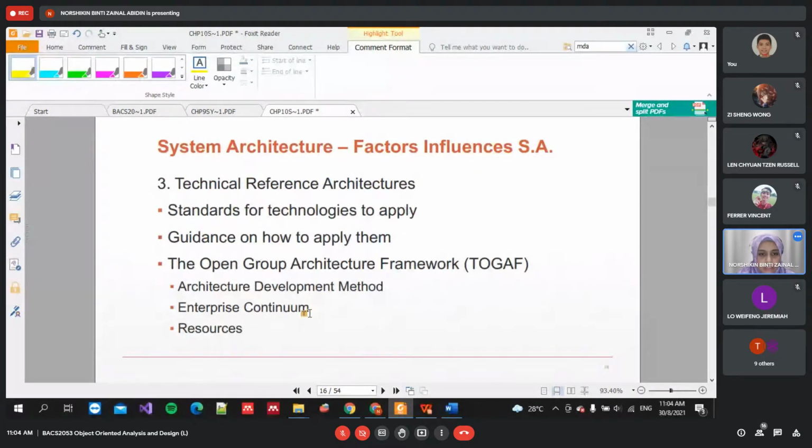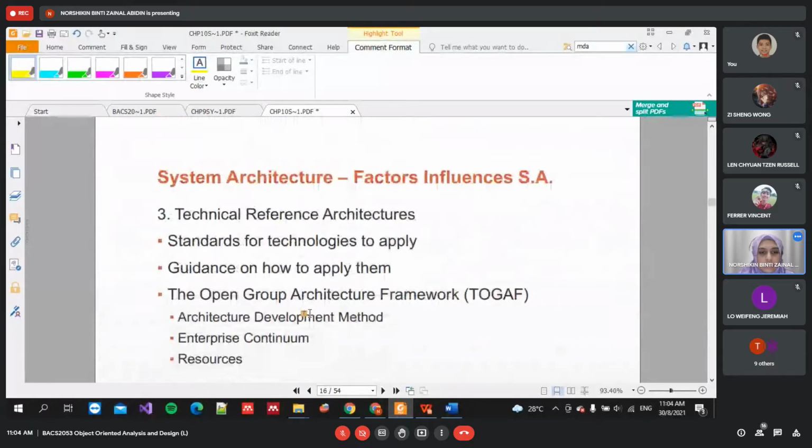Okay. Next is number 3 here, technical reference architecture. It is a standard for technologies to apply, and guidance on how to apply them.